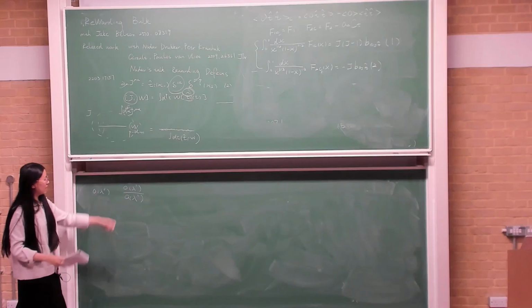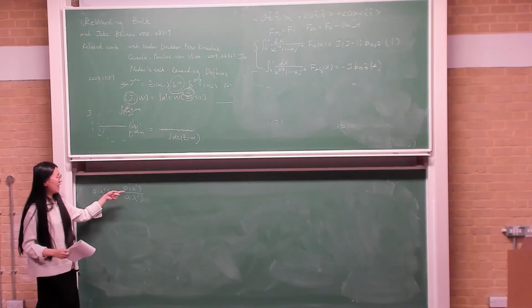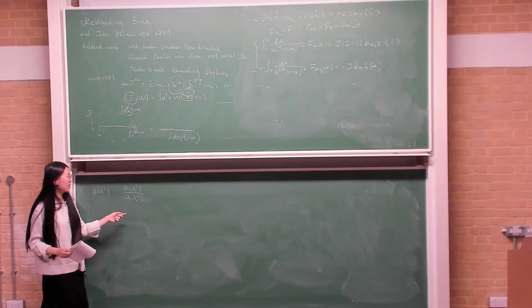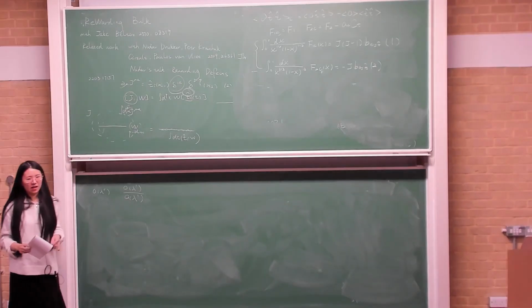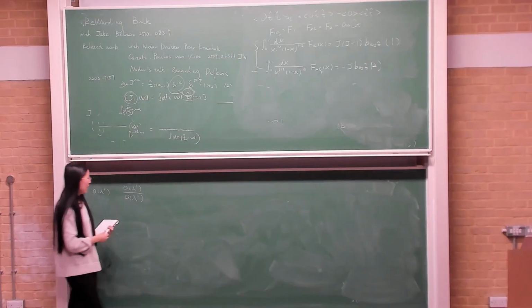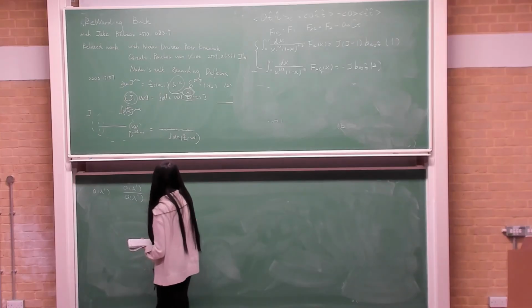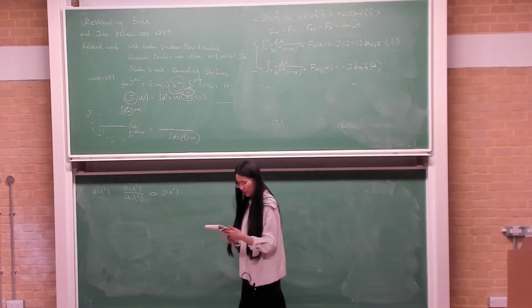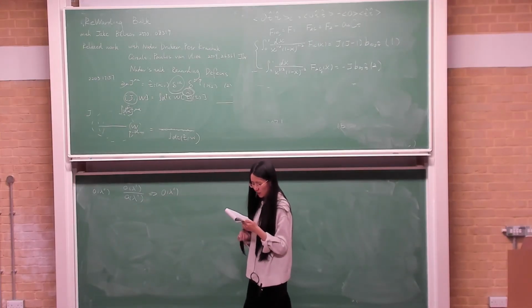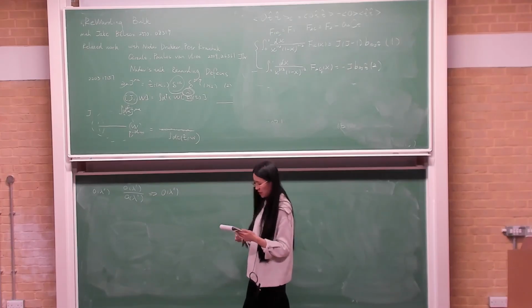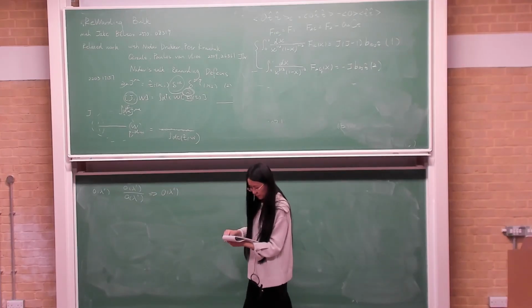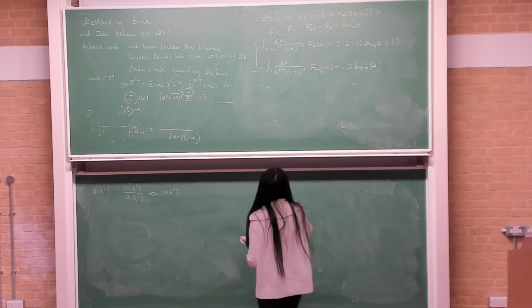Because in the numerator I have order lambda 1, and in the denominator I also have the thing with the same power. And this gives me back the order lambda to the 0. Let me show it explicitly what this is.